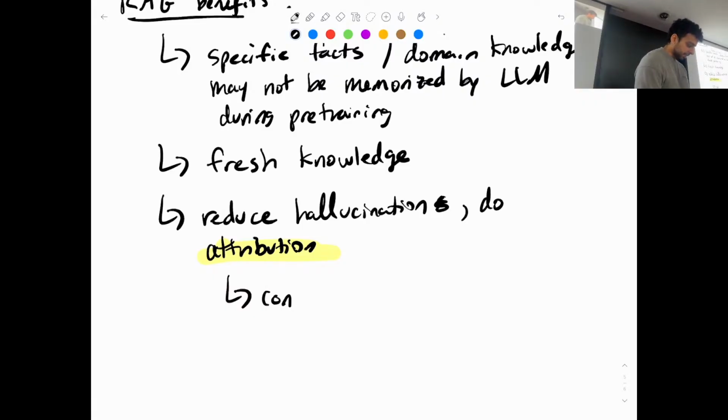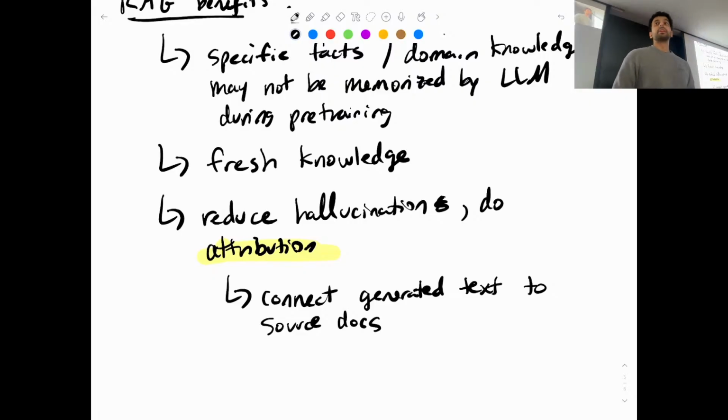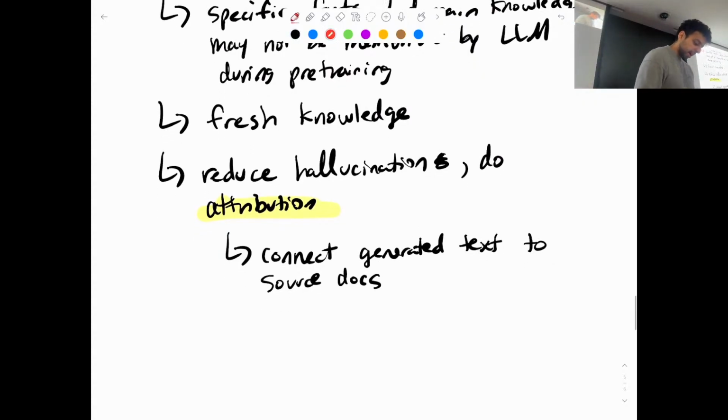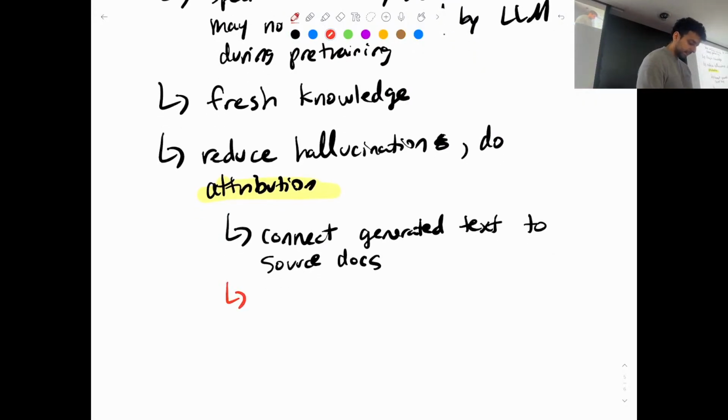Essentially, this allows you to connect generated text to source documents. However, unless you are doing verbatim copying from those documents, there are always problems with reliability. So this attribution is not always reliable.